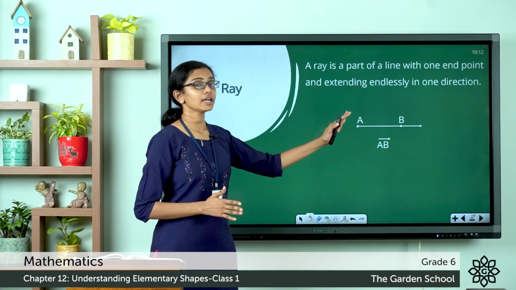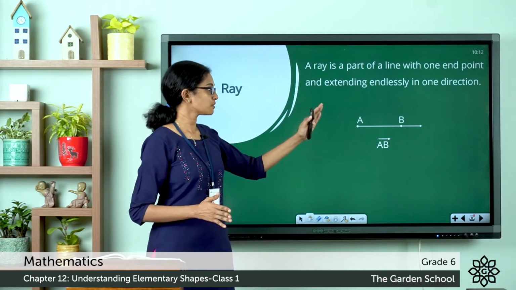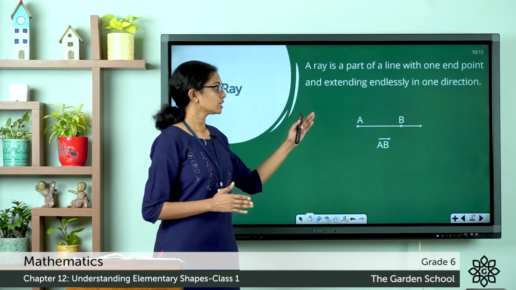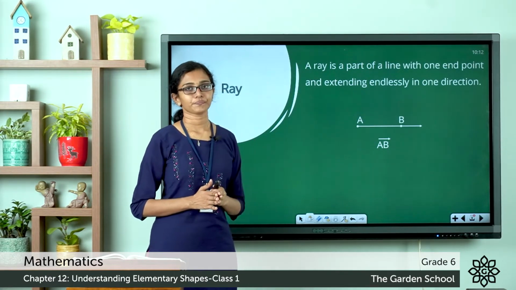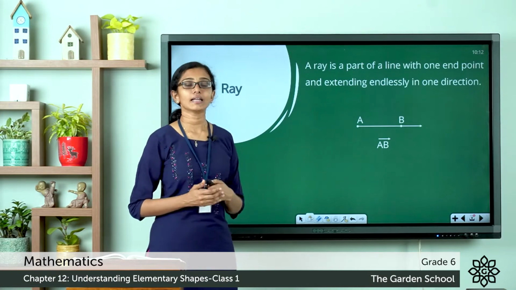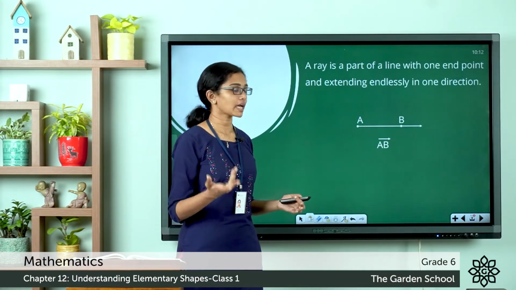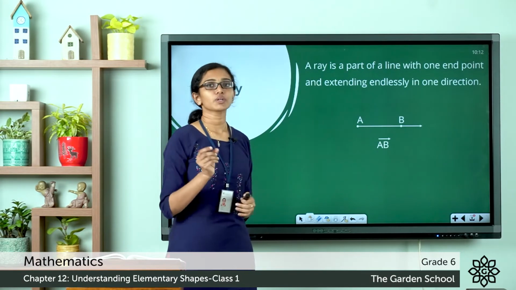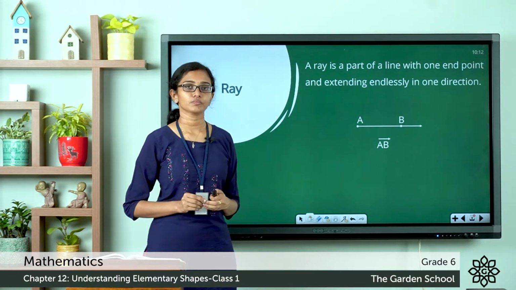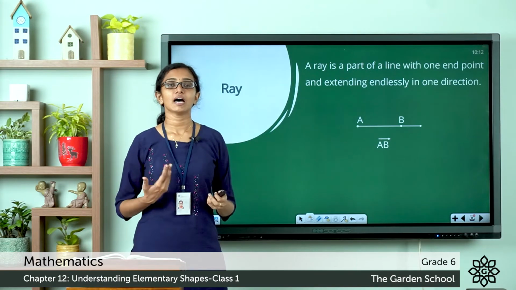So this is ray AB. It starts from point A and it passes through point B. So this is how we represent ray AB. The 2 points on the ray A and B are written with capital letters, and above that we draw a small one-sided arrow. Now this is how we represent a ray.